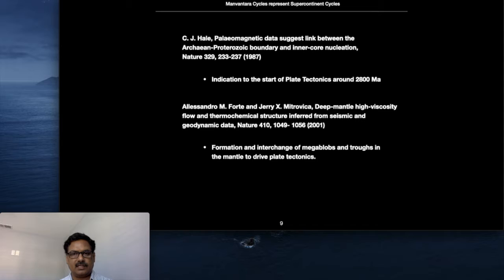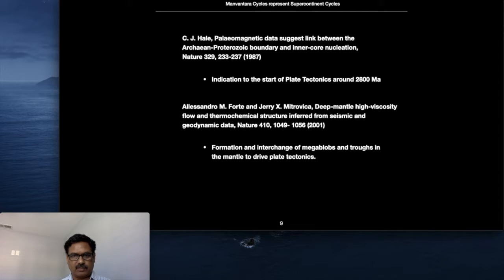And the second article says that the formation and interchange of megablobs and megatroughs in the mantle drive plate tectonics. So what it says is there are two megablobs on one side and megatroughs on the other side.